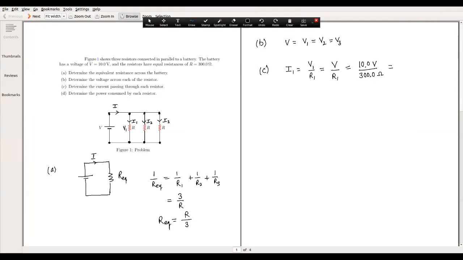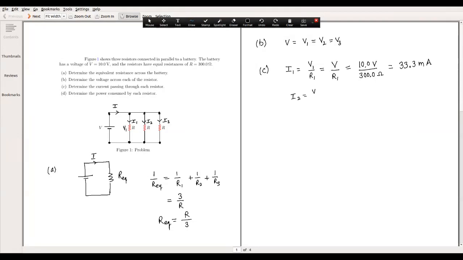I write that as 33.3 times 10 raised to minus 3, which is in milliamps. So that's the current passing through the first resistor, but they are all identical. I2 will come out to be the same.